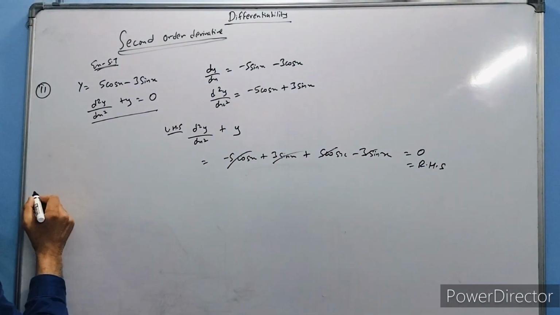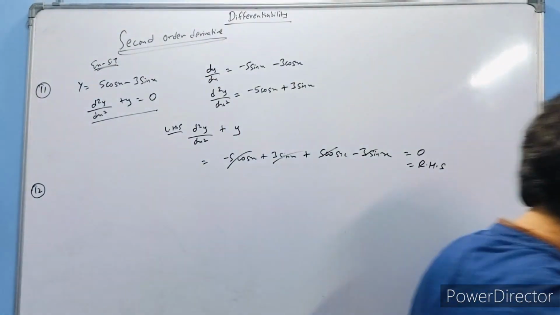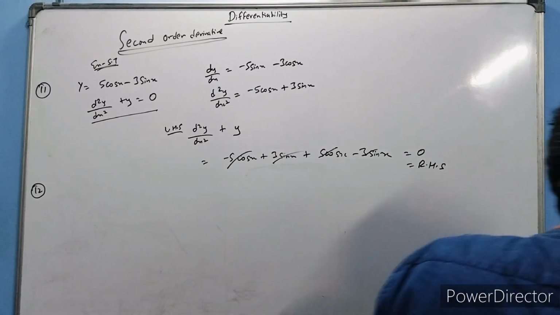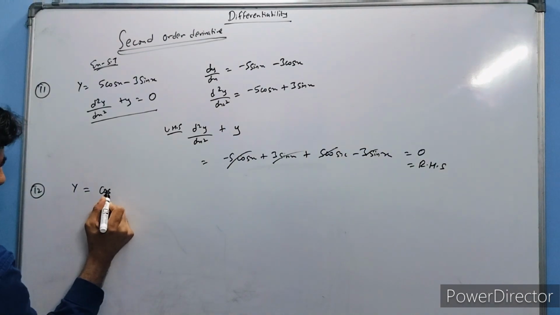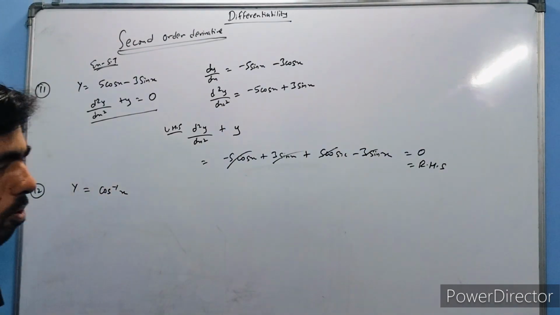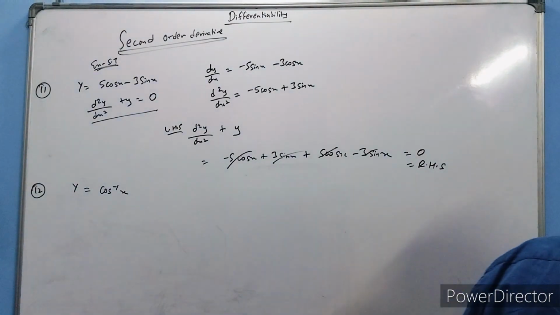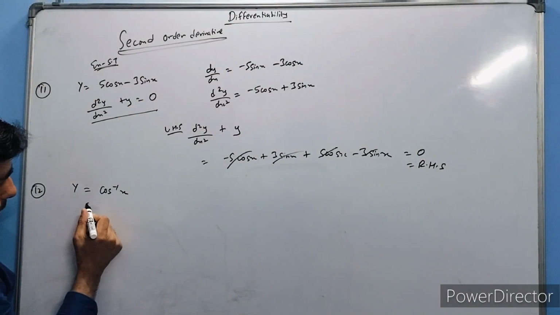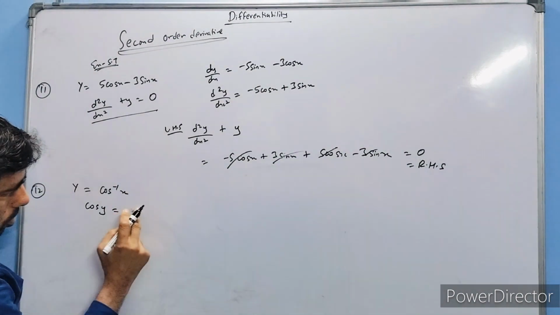Now let us move on to the 12th question. It says, if y is equal to cos inverse x, we need to find d2y by dx square in terms of y alone. So what we can do here is cos y is equal to x.